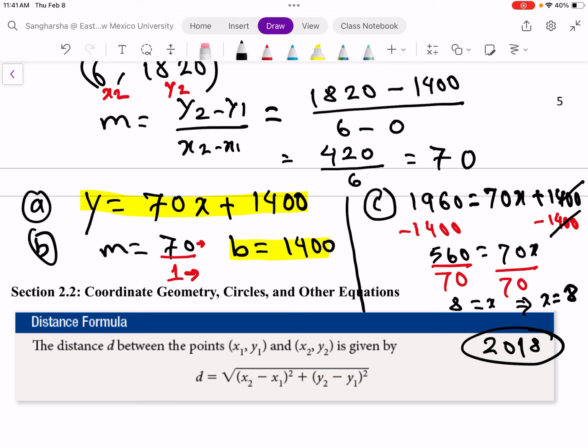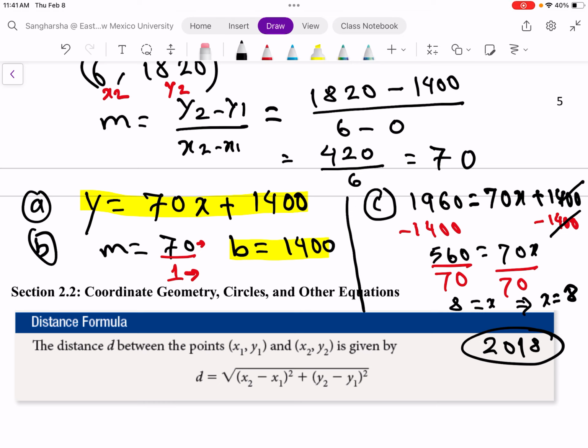So your x is 15. You substitute x equals 15 in equation A. So we have 70 times 15 plus 1400. What is that equal to? 2450. So the number of geese will be 2450 in the year 2025.